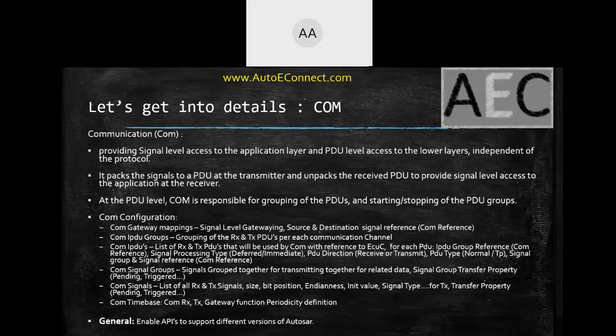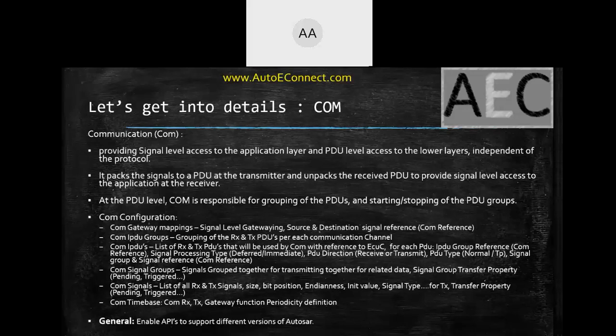With our experience, generally the recommendation is to configure whatever is the least periodicity needed. But in my understanding, the general recommendation for a complex architecture is that 10 milliseconds is the least you can configure. And in general, you have different enable APIs to support different versions of AUTOSAR.